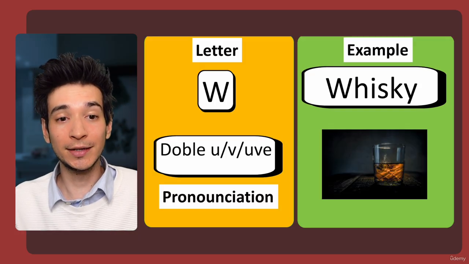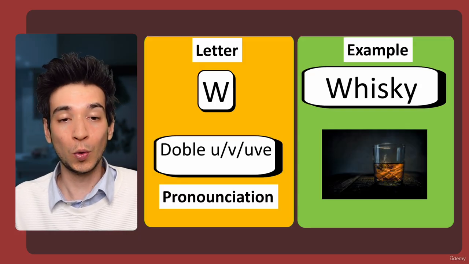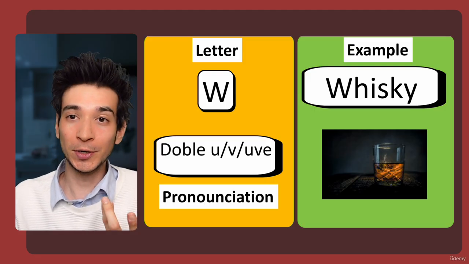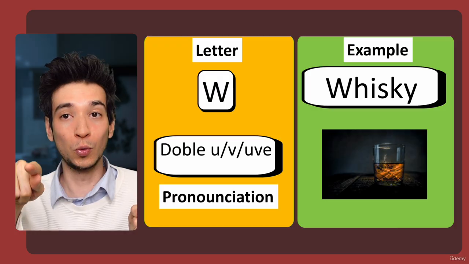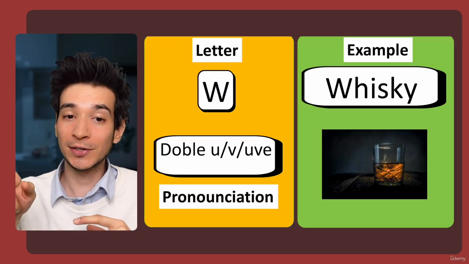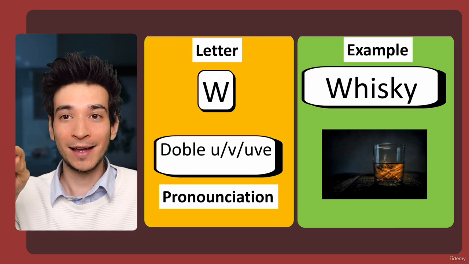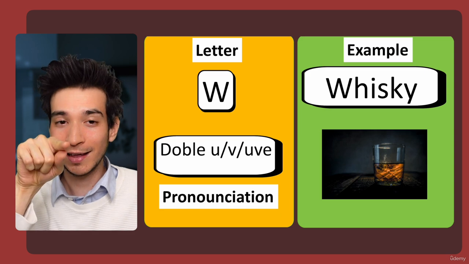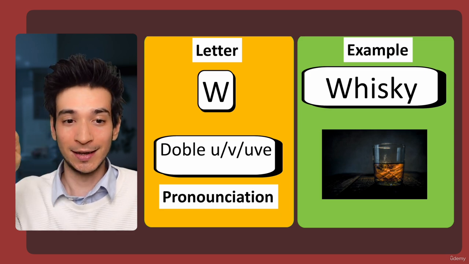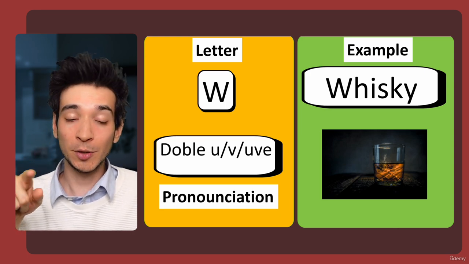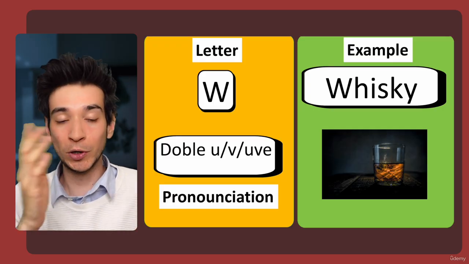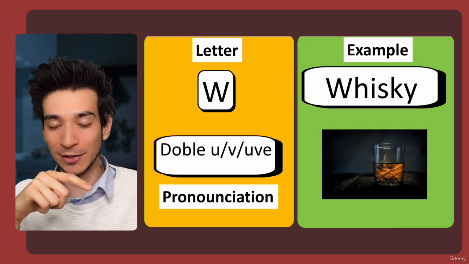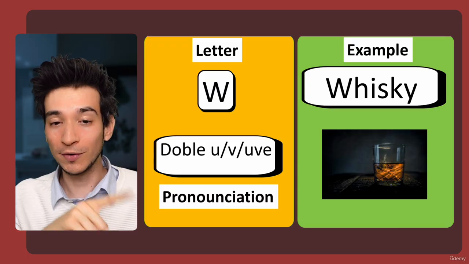And the next one is W. This one is similar to English. Some people, however, say double V, as it looks like the letter V, and you have two of them. Some other people say double U. Since we learned before that the letter V is also called UV, we say doble UV.